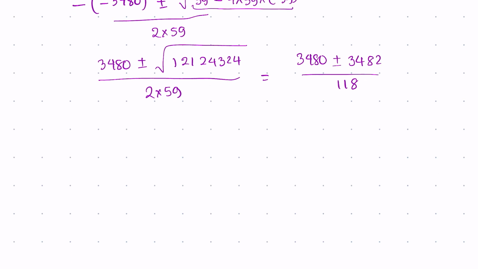So the two solutions are, one is 6962 by 118, which is actually equal to 59, and the other solution is the negative reciprocal of this.